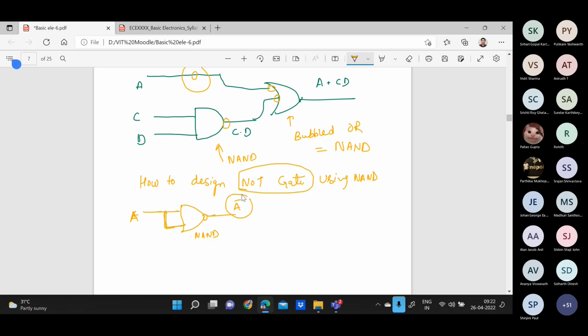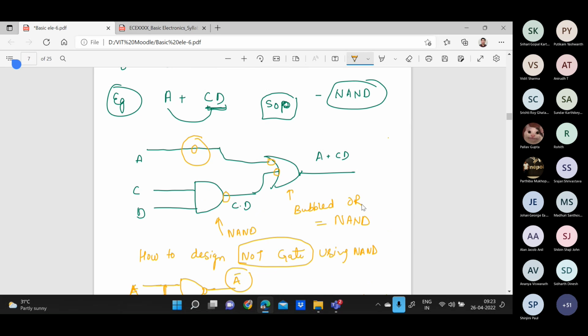So you can do one thing here. I'm just drawing the same thing. You combine both the input terminals and make a NOT gate here. And the bubbled OR gate, as I told you, it's a NAND gate only. And here we were having the NAND gate already. So it's A, C, D, and you can provide it here. You will get what? A plus CD.